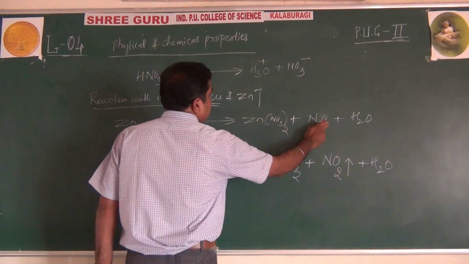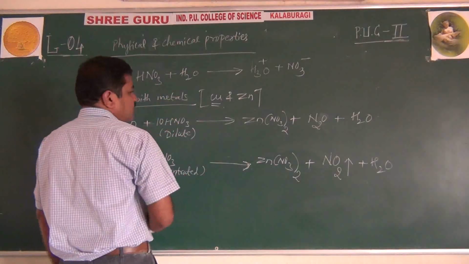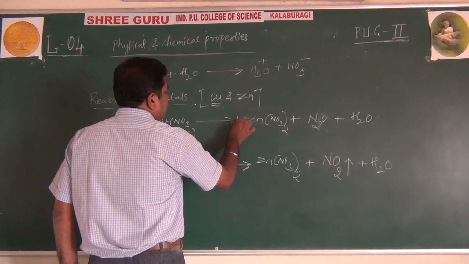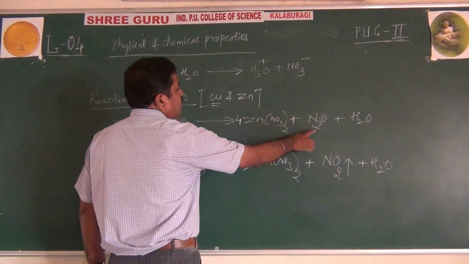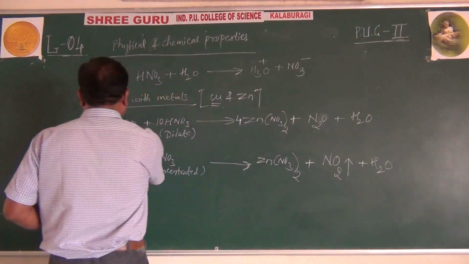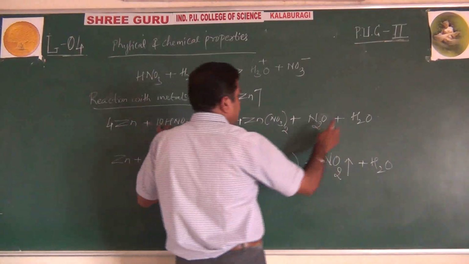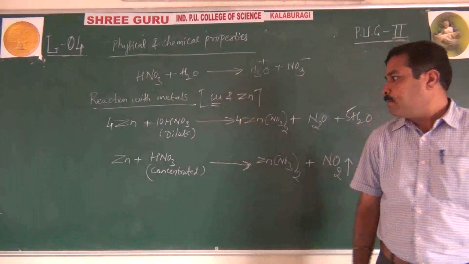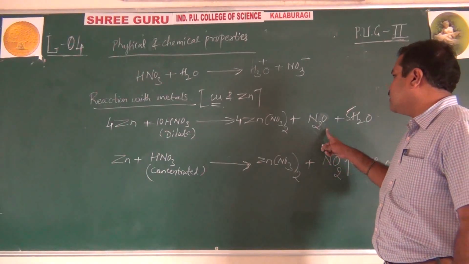To make nitrogen 10, 10 HNO3, multiply by 4: 4 times 2 is 8, already 2 are there, so 10. Then 4 Zn here, and lastly hydrogen is 10, already 5 water, so it is balanced. So 4Zn plus 10HNO3 gives 4Zn(NO3)2 plus N2O plus 5H2O.